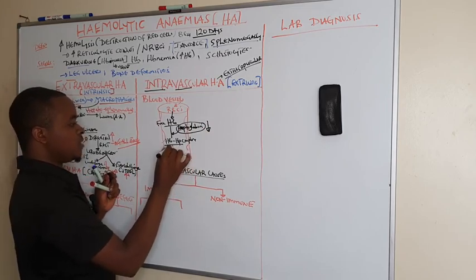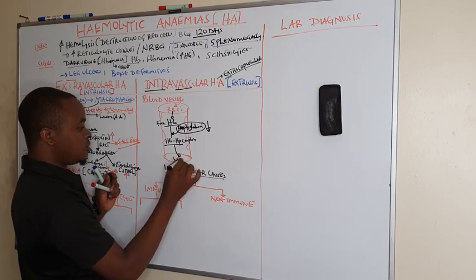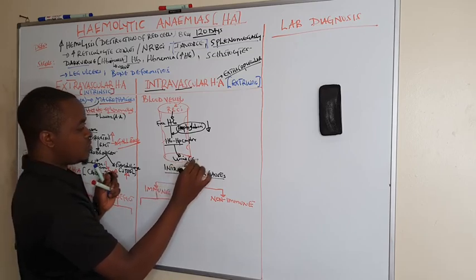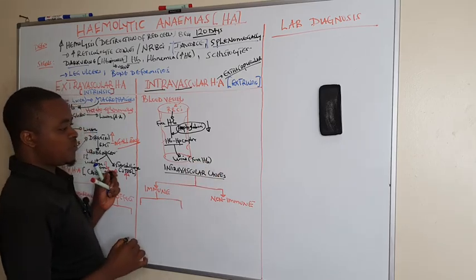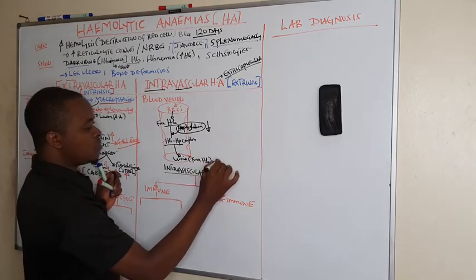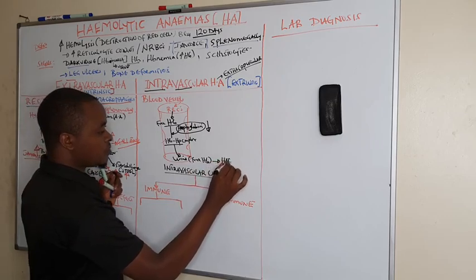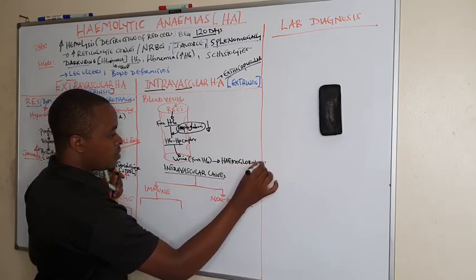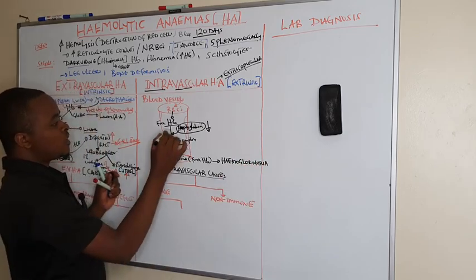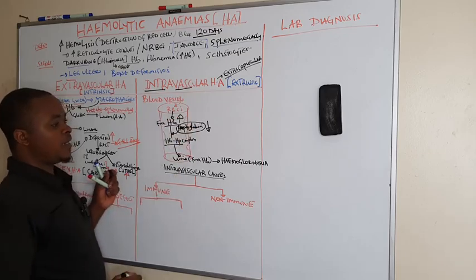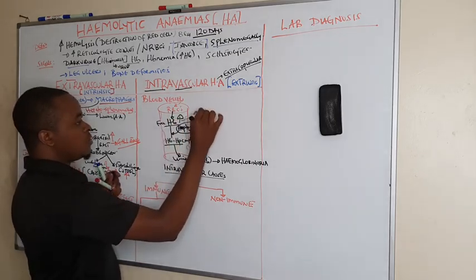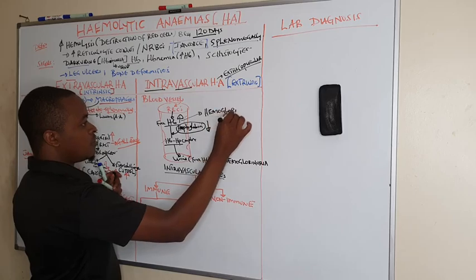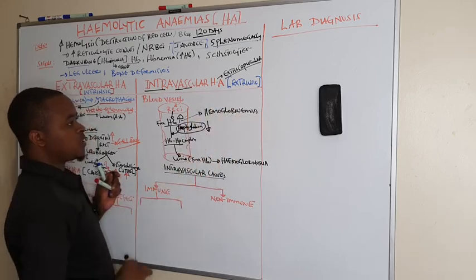And this complex is excreted in urine. So we shall find free hemoglobin in urine, which results in hemoglobinuria. And there is also increased levels of free hemoglobin in the blood, which results in hemoglobinemia.